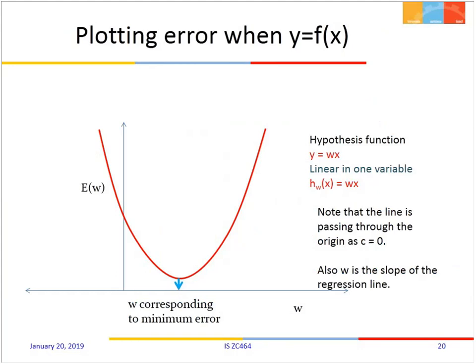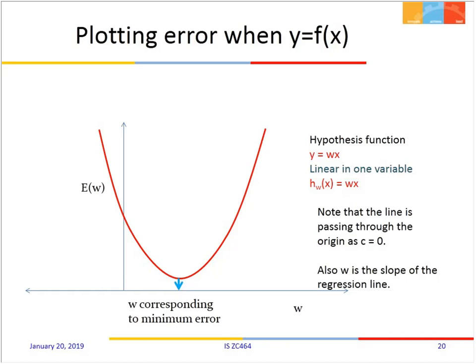I can say that this line is defined by the parameters M and C, and in place of M and C, we used W1 and W2. There are two parameters.